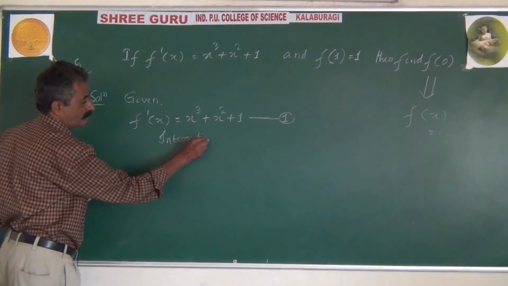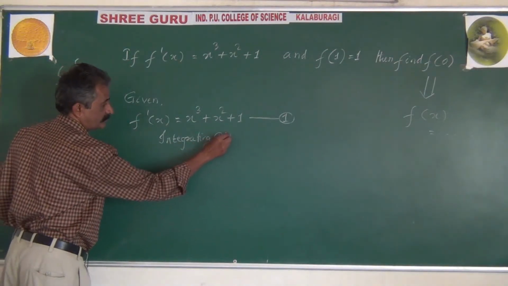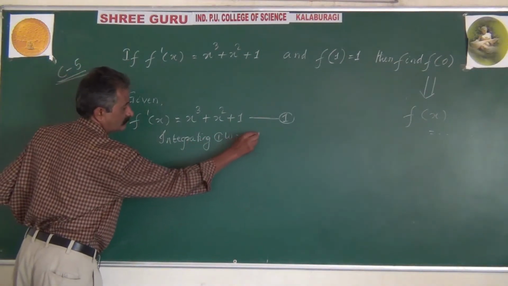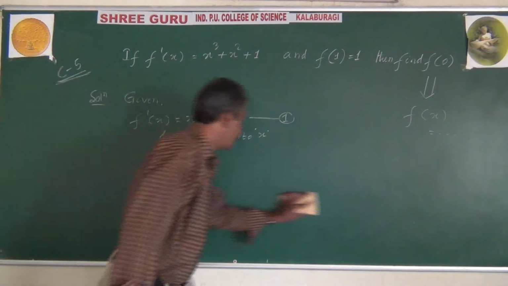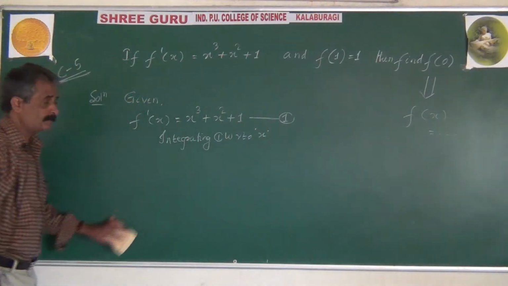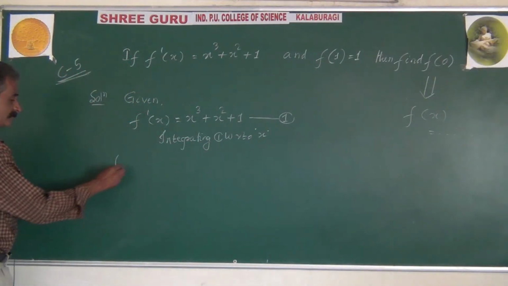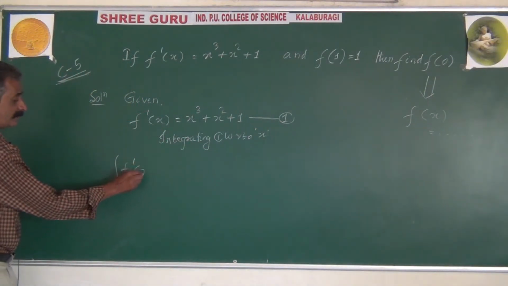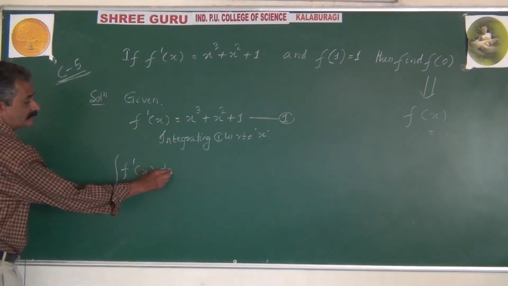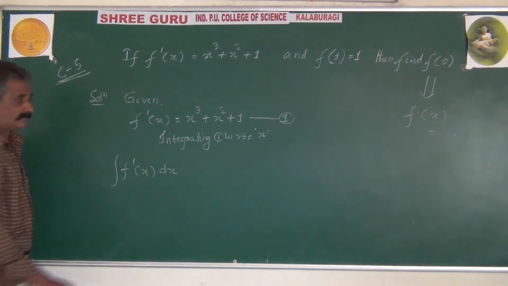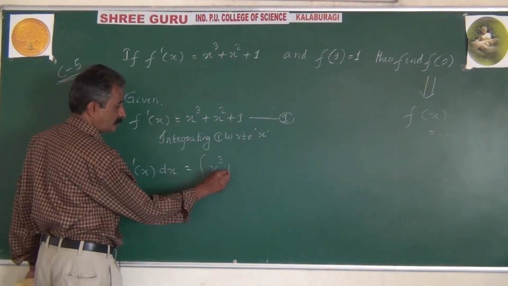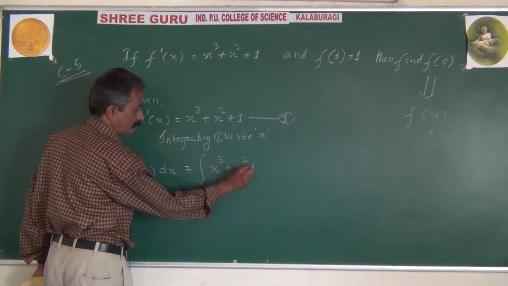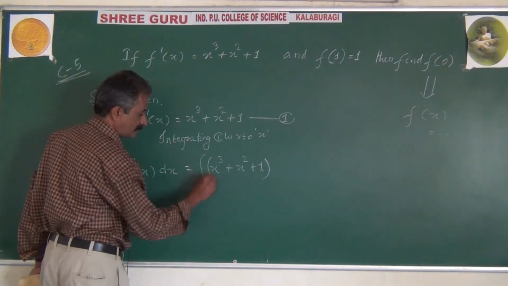Integrating 1 with respect to x, on the left side, integration of f dash of x dx. On the right side, integration of the entire expression x cubed plus x squared plus 1 dx.